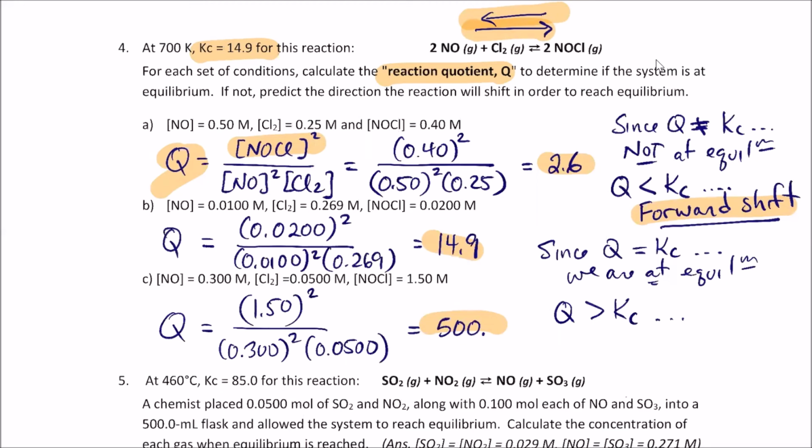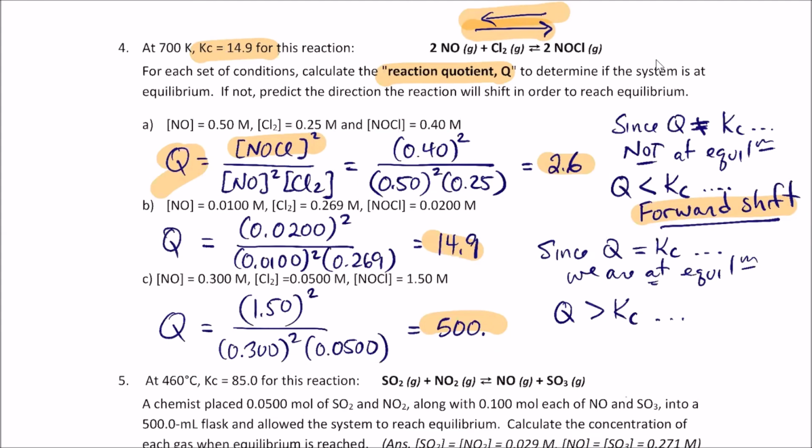Backward shift. But why? Look at the expression for Q. If it needs to get smaller, then your numerator, the NOCl, would need to get smaller, so you need less NOCl. That means you need less of the products in this reaction.